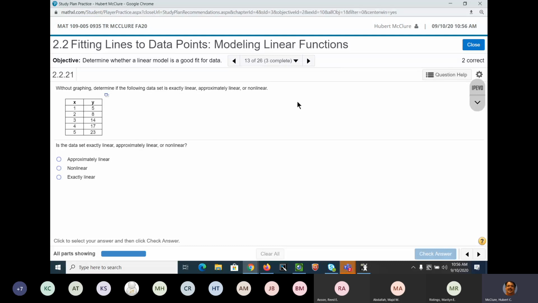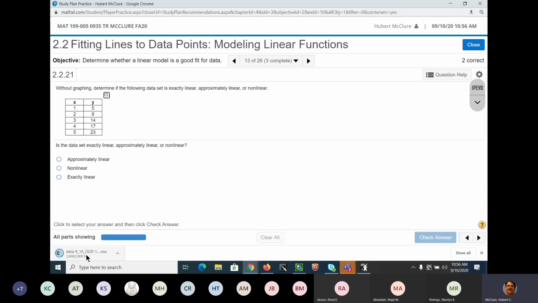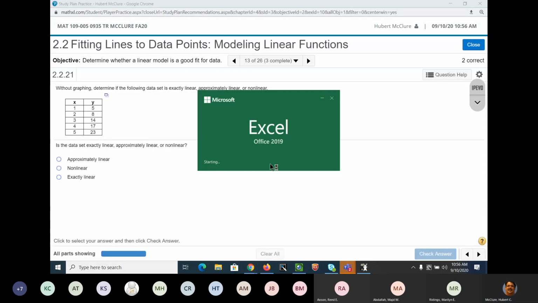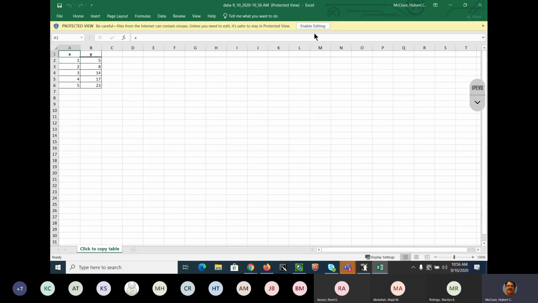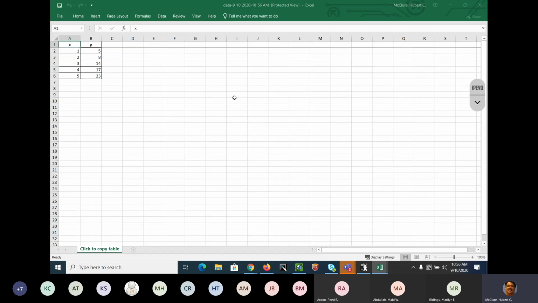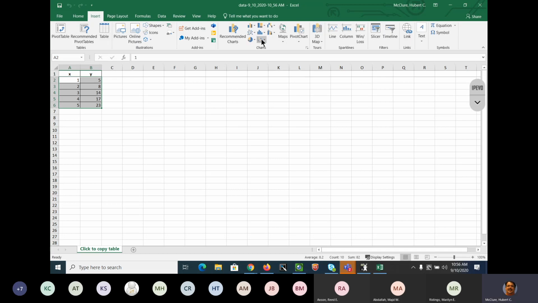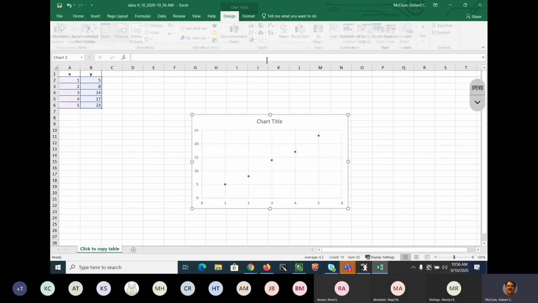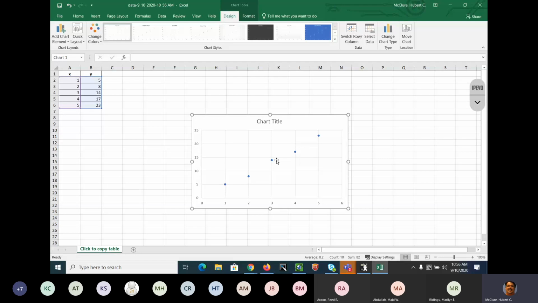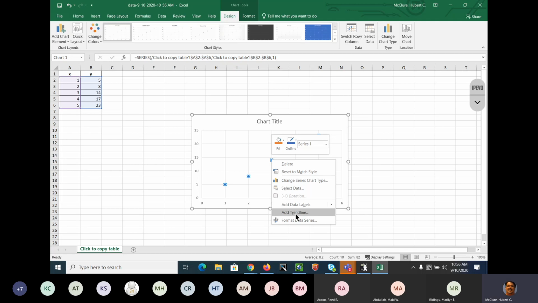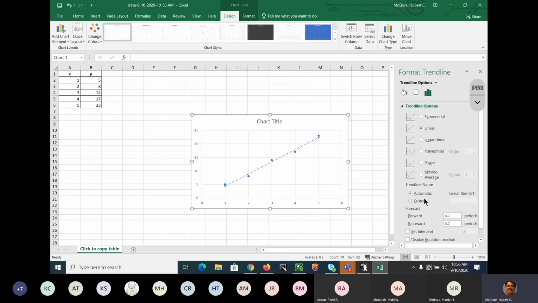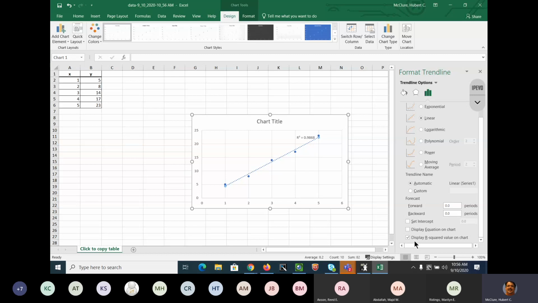So here's the question, and we're going to put this in Excel. I'm going to pull this up. Now Excel worked on this one, didn't work on the other one. I'm going to highlight these, go to Insert, and scatter plot. It's somewhat linear, but it's not exactly linear. So I'm going to right click and hit Add Trendline and display R squared.